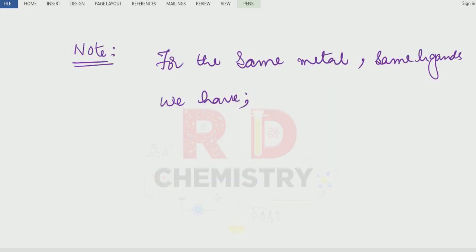In case of octahedral splitting, we have delta O. In case of tetrahedral splitting, we have delta T. Whenever there are more ligands, the splitting is always greater compared to fewer ligands.